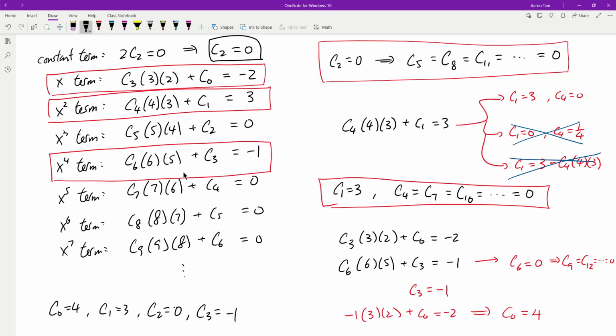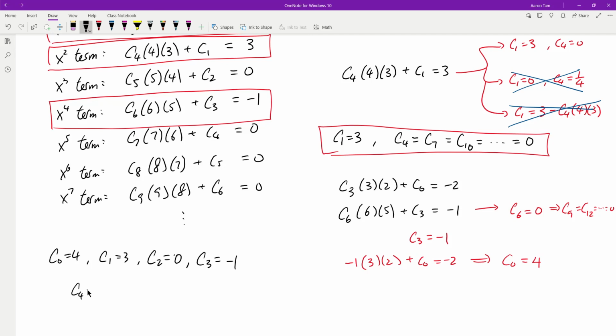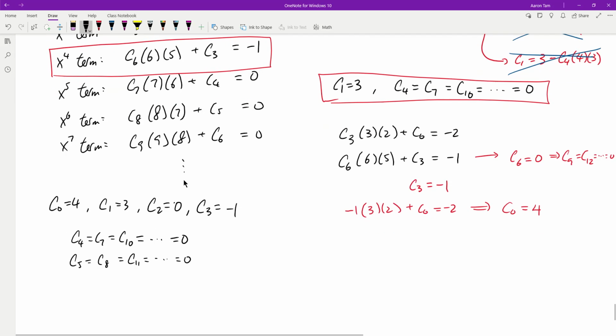And then the rest of them, c sub 4 equal to c sub 7 equal to c sub 10 equal to 0. c sub 5 equal to c sub 8 equal to c sub 11, and they all equal to 0. And then c sub 6 equal to c sub 9 equal to c sub 12, they all equal to 0.